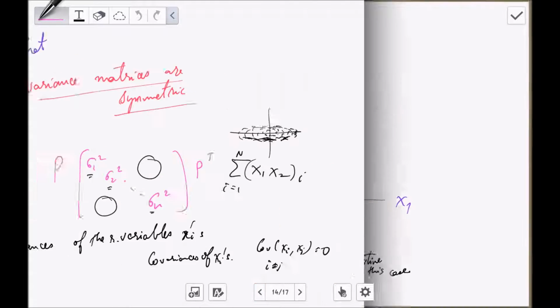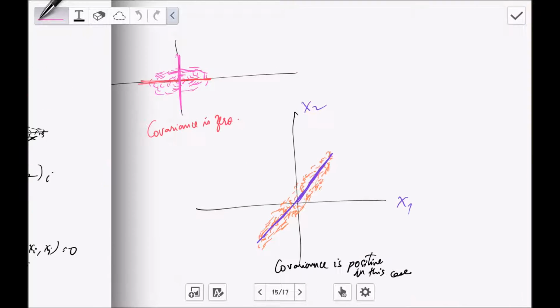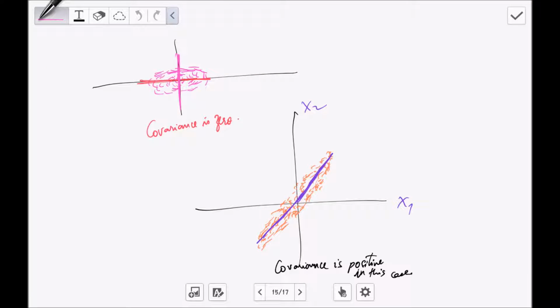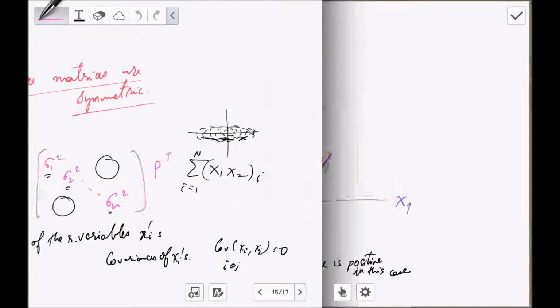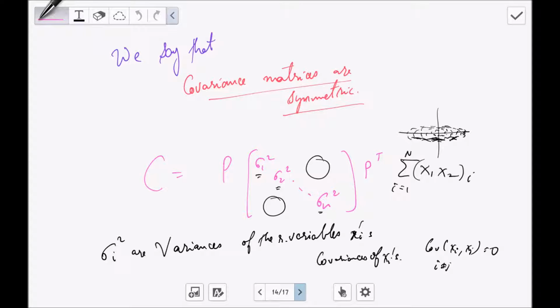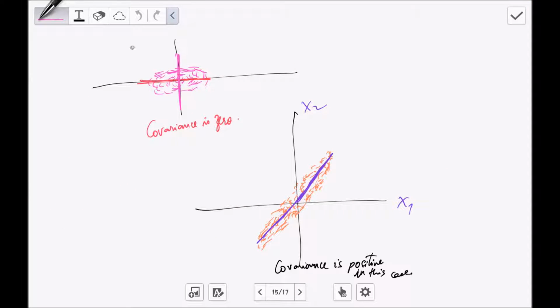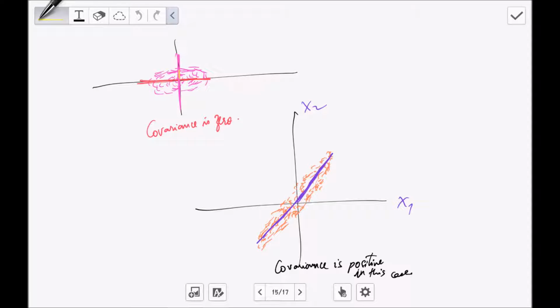So these zeros have come from these things, isn't it? These zeros have come from these, and these diagonal values have come from these things. Do you see that?